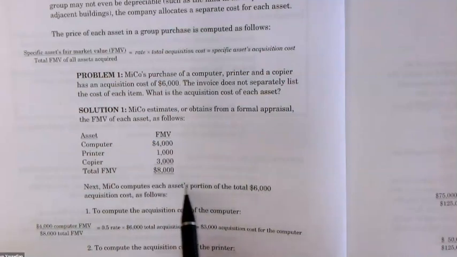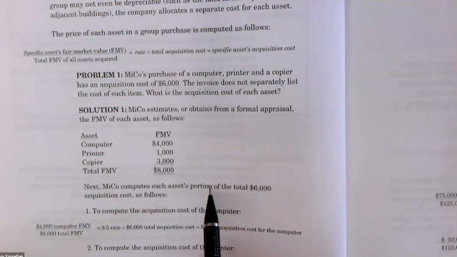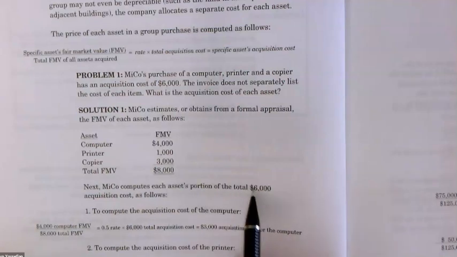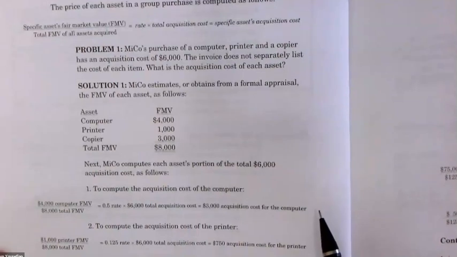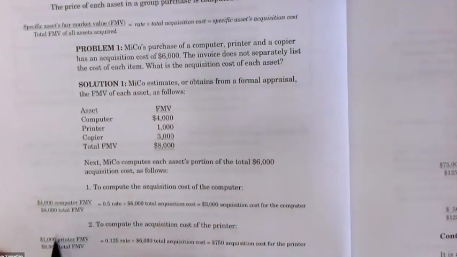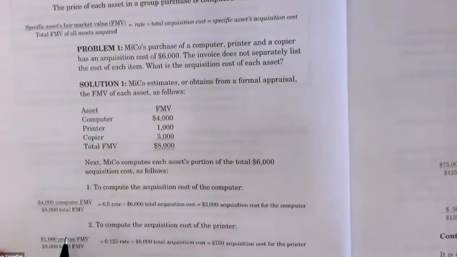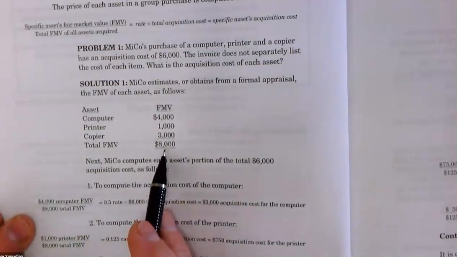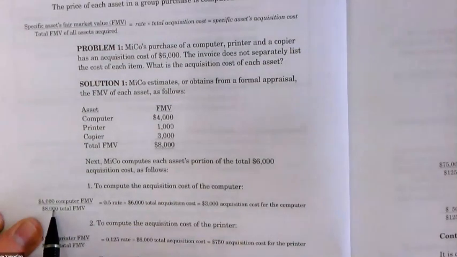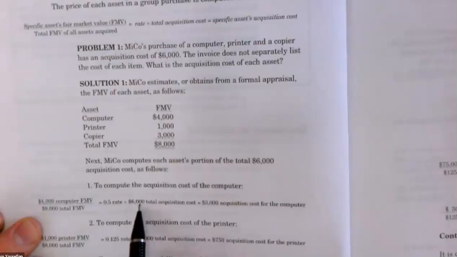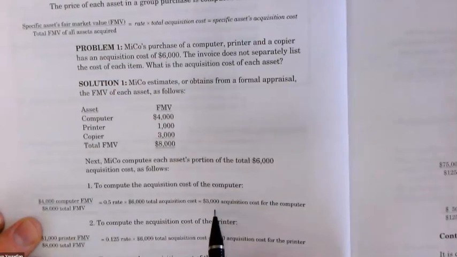For every single asset, you need to see what portion will come out of this $6,000 to go into the T account. So computer has a $4,000 fair market value out of total $8,000, we are looking at a 50% rate. 50% times the $6,000 basket purchase ends up to be $3,000 going into the T account for computer.